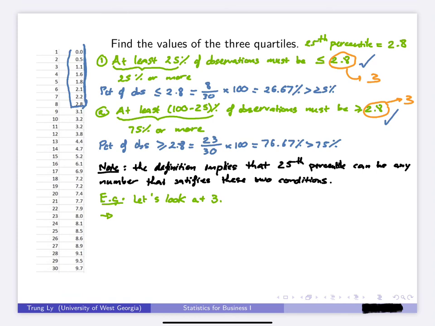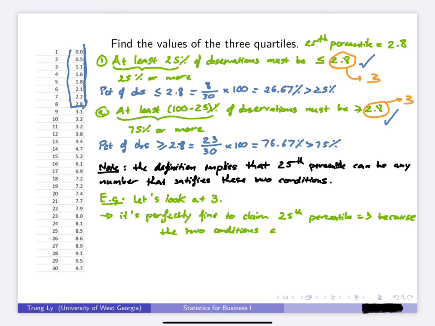So it's perfectly fine to claim that the 25th percentile is equal to 3. Why? Because the two conditions in the definition are still met.